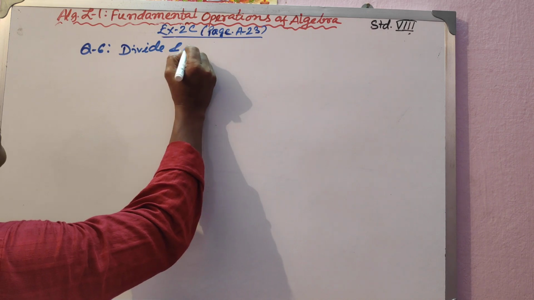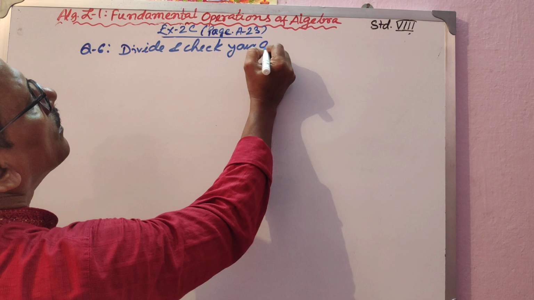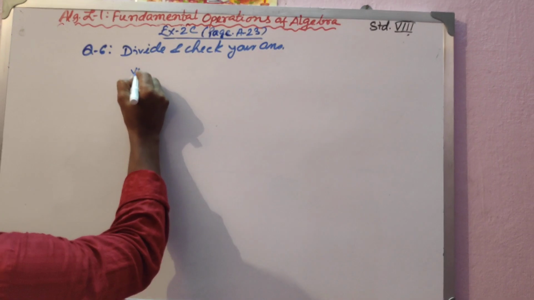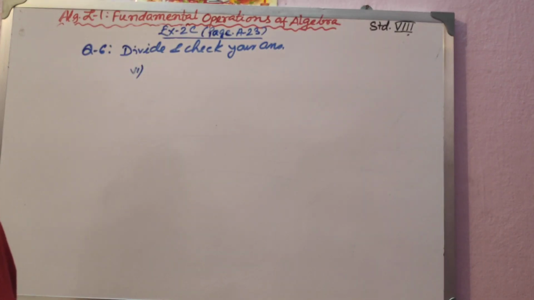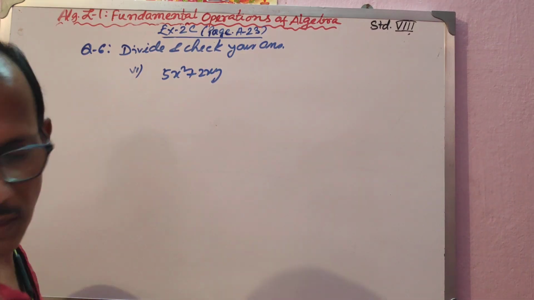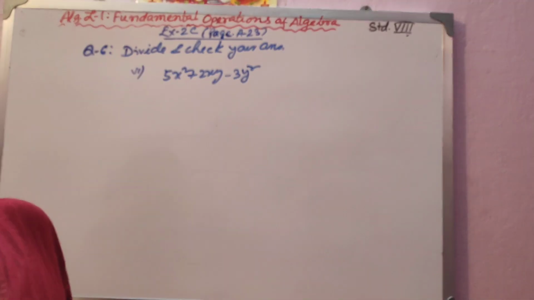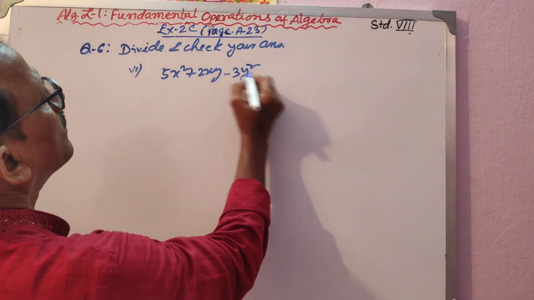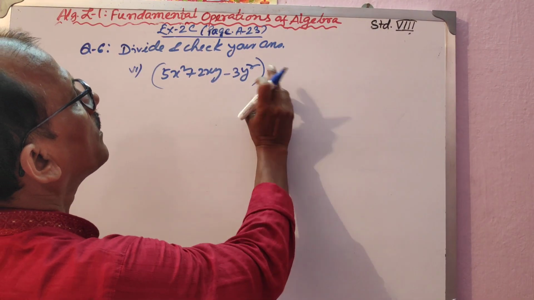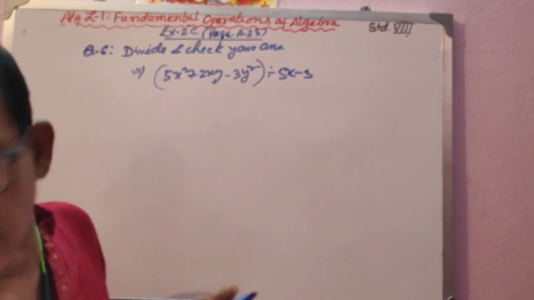Divide and check your answer. I will take one question out of this. I will take the last one, the 6th one. What is given? 5x square plus 2xy minus 3y square divided by what? 5x minus 3y.